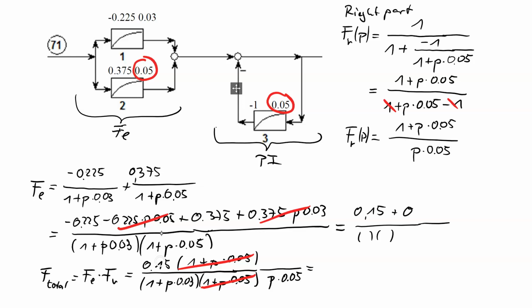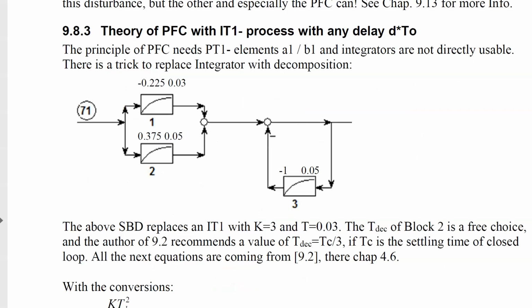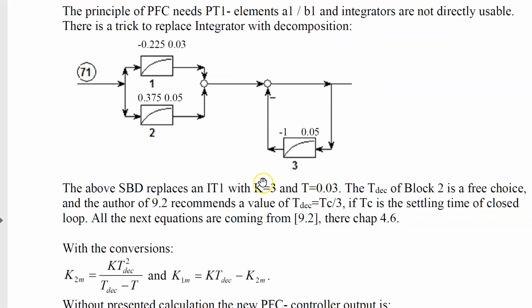You see the 0.15 divided by 0.05 is just a factor of 3. 3 divided by P times 1 plus P times 0.03, which is exactly the IT1. In the paper you will see the IT1 has exactly this term, the K of 3, and the time constant 30 milliseconds.